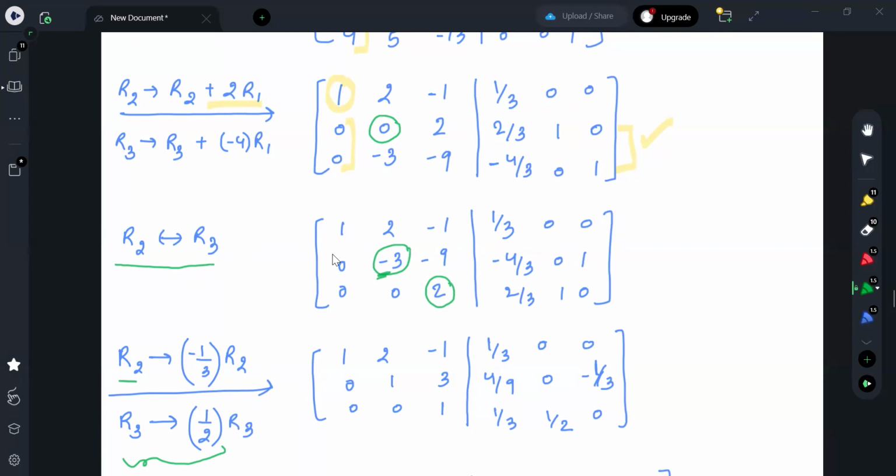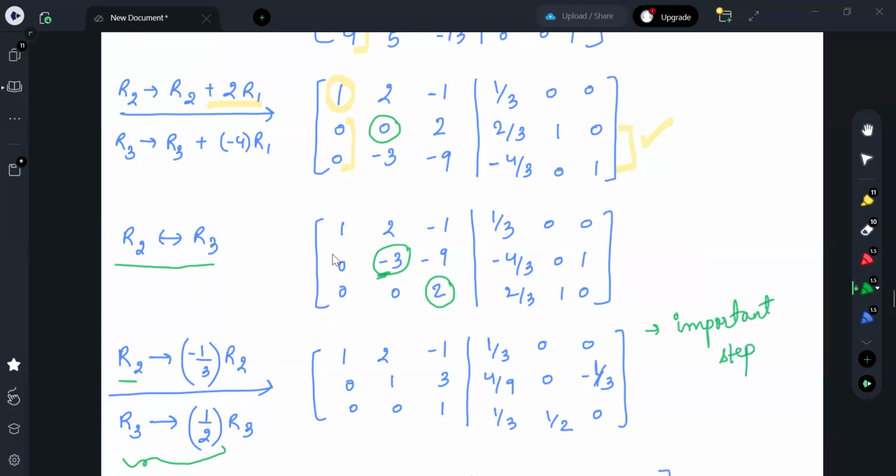We're not adding any scalar multiple of row 2 to row 3. They are independent rows, so I can apply a row operation to both of these rows in one step for cases like this. Important step.